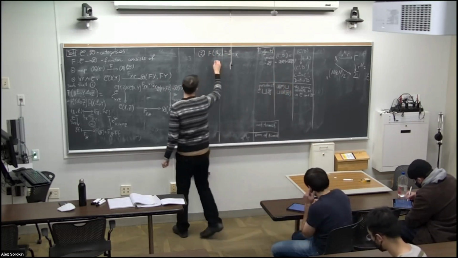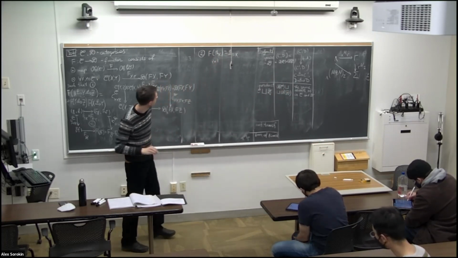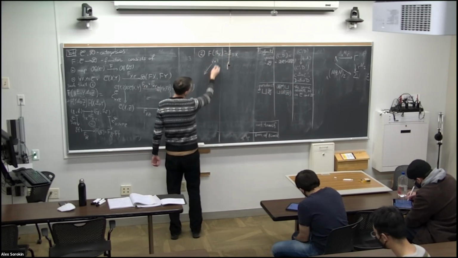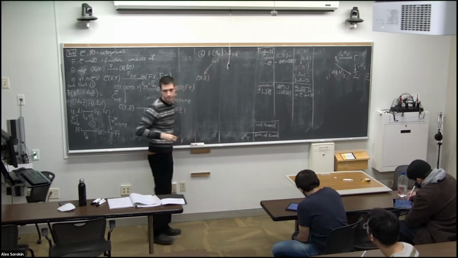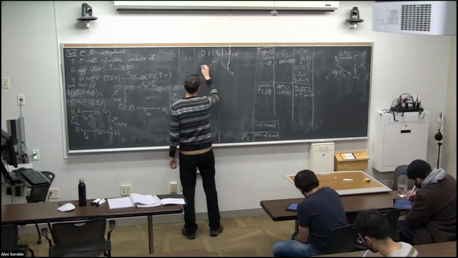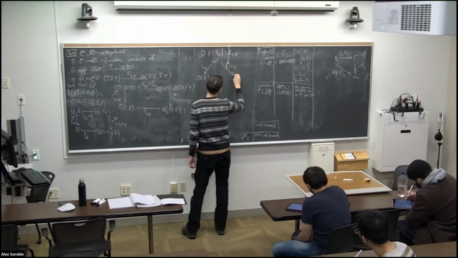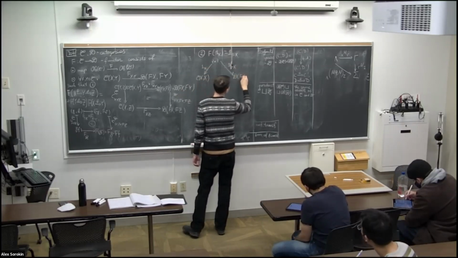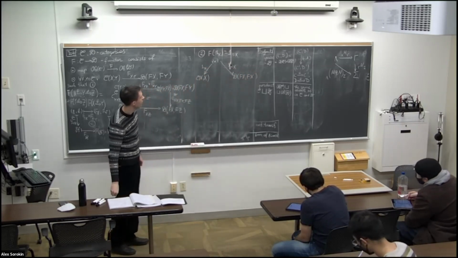So we are taking a singleton, from a set X to X. So this is 1_X. We take an identity from the set of morphisms from FX to FX.